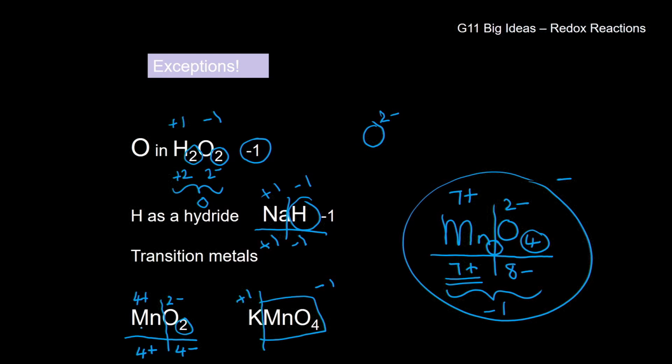So in this compound, manganese is 4+. In the permanganate ion, it is 7+. So you see, depending on what these substances are joined to, will give you the oxidation number. In other words, how many electrons it's taken up and how many electrons it's given away.